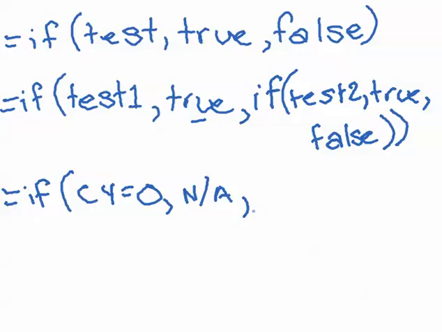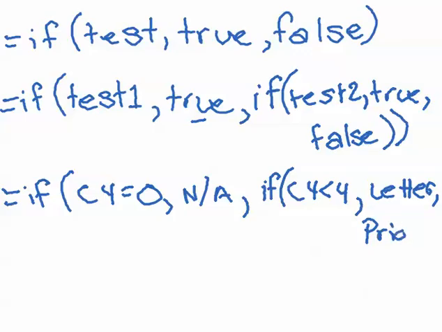Only if it's not 0 do we want it to look at the next one. So we go if, open bracket, and we say then, okay, C4 could be less than, I think the next one was 4. And then if that is true, then it's a letter. And otherwise, if it's neither of those 2, it's priority.